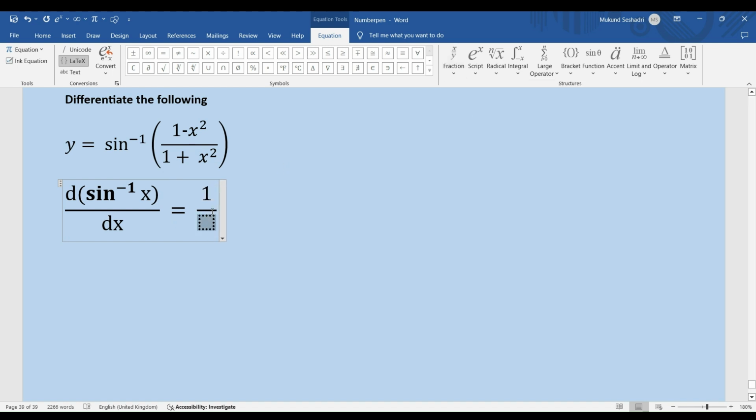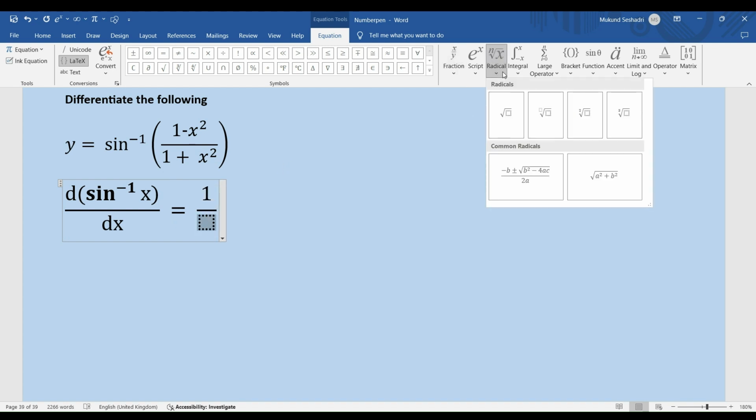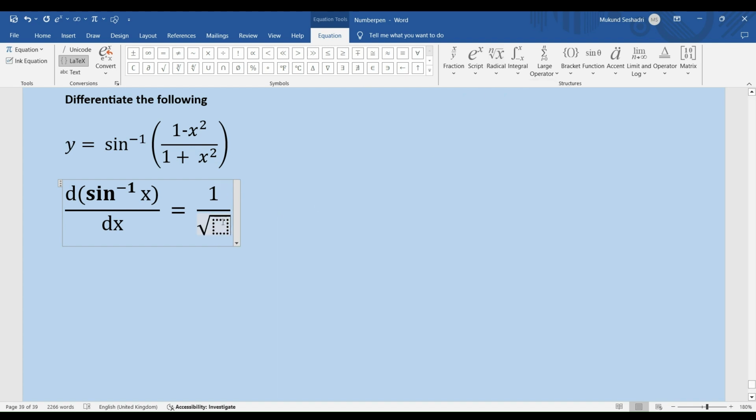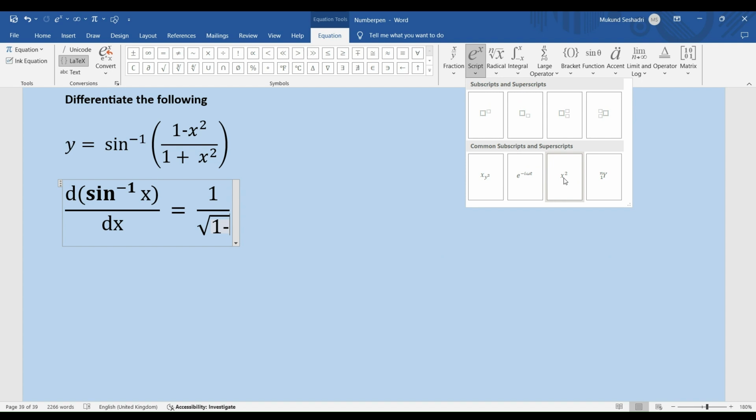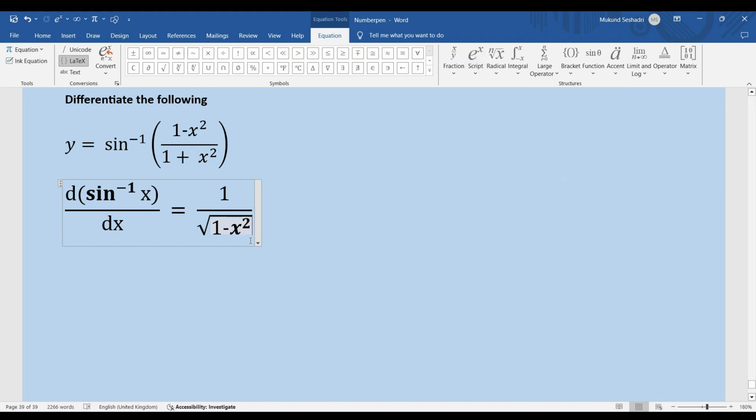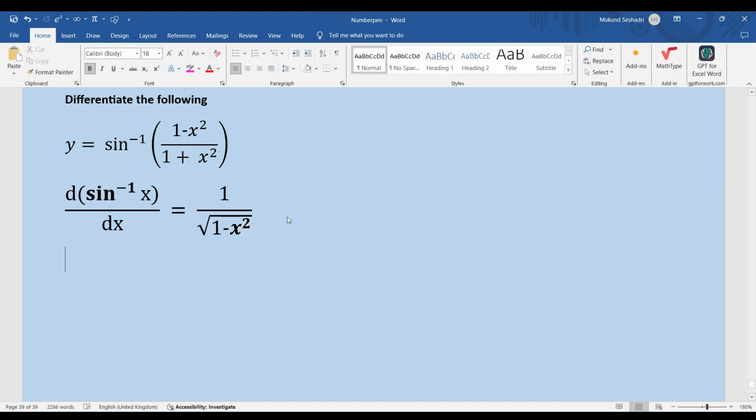So this is a formula that we have from first principles, and again, like sine and cos, it will be a useful formula to know by heart. d/dx of sine inverse of x equals 1 by square root of 1 minus x squared, right? And with this, it becomes a lot simpler to solve this particular problem.